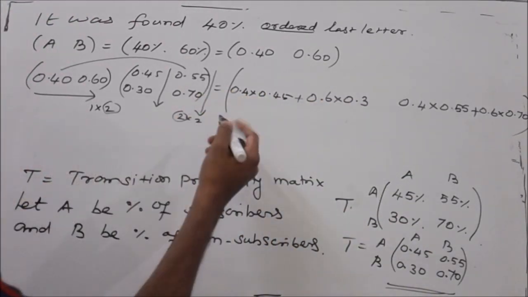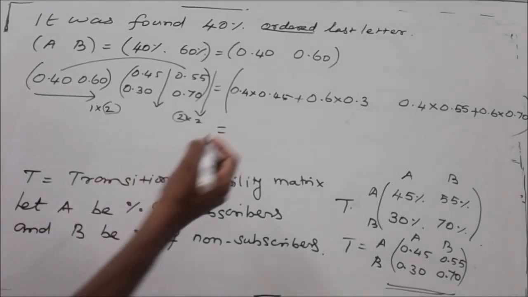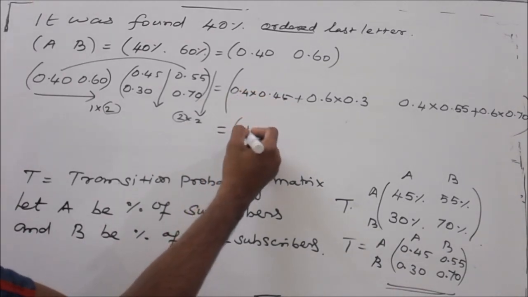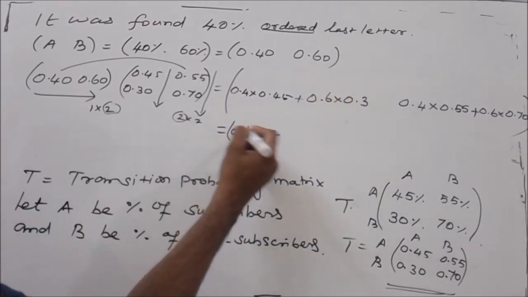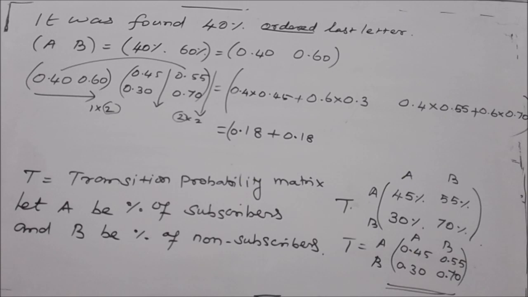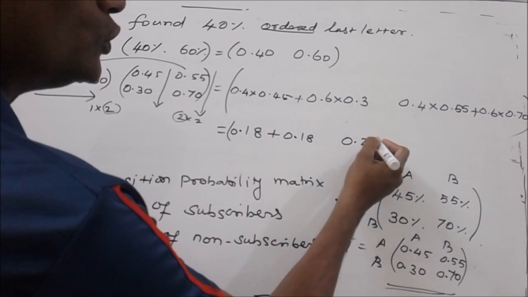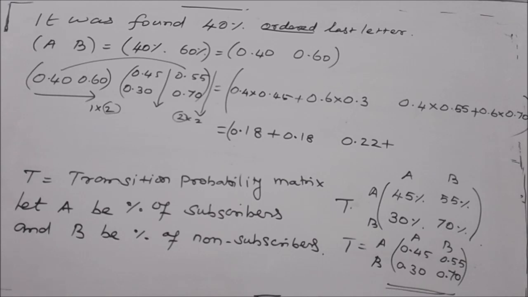0.4 into 0.45 will be equal to 0.18. Multiplying these two we get 0.18, and then plus 0.18, and then here 0.4 into 0.55, which is equal to 0.22, 0.22 plus 0.6 into 0.7, 0.42.